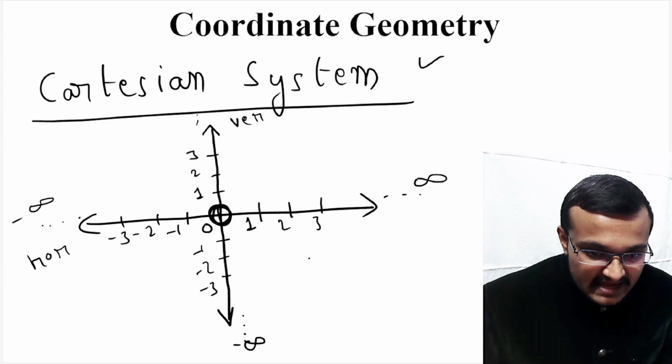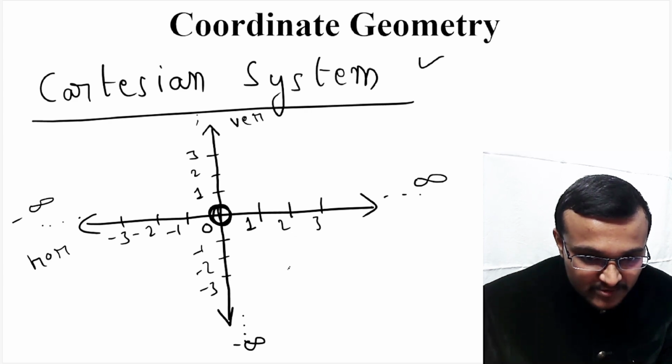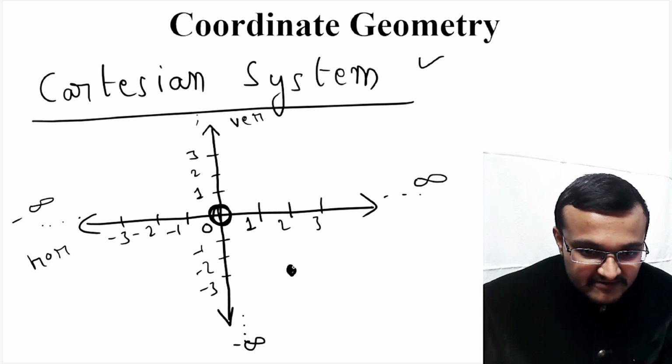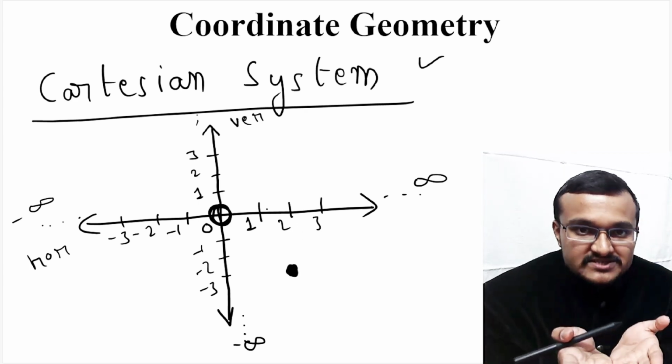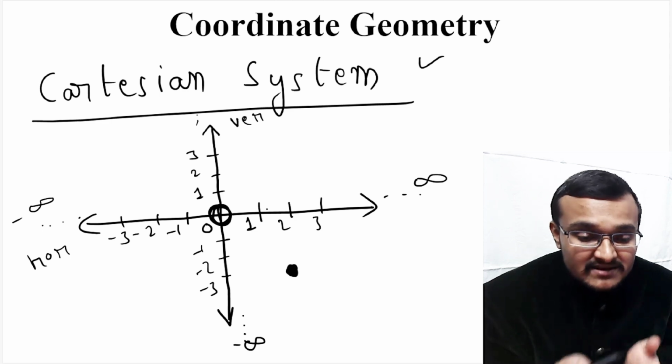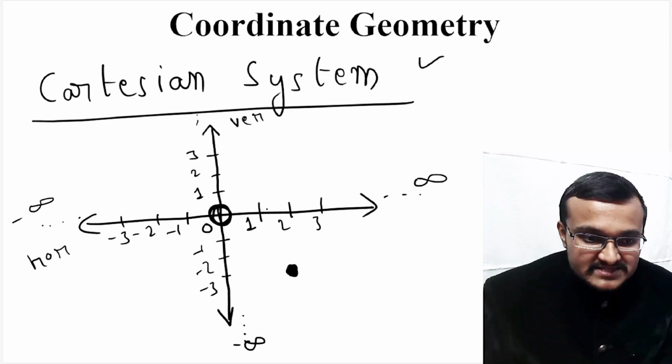So for example, if I have a particular point somewhere over here in this entire plane, so this entire PPT, if you consider it as one single plane, then you can define these two axes.